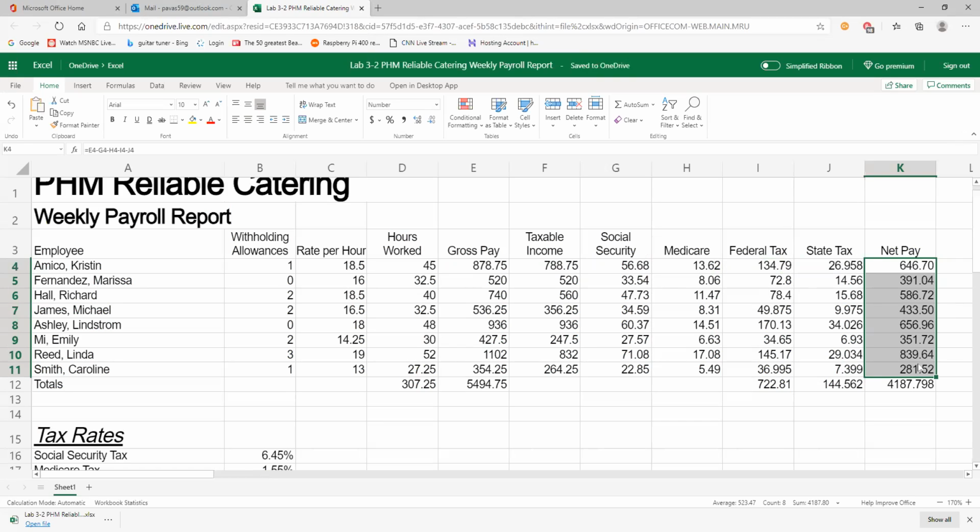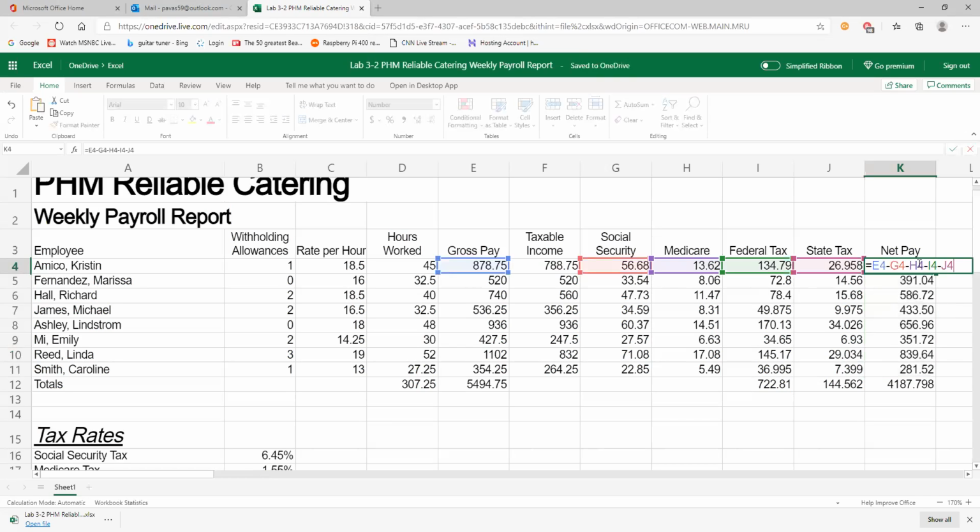Can you please go back to the formula? Yes, the formula is just deduct all those, starting from Social Security all the way down to state tax. Not the taxable income. We're not going to mess with that. That income is just for the taxes.